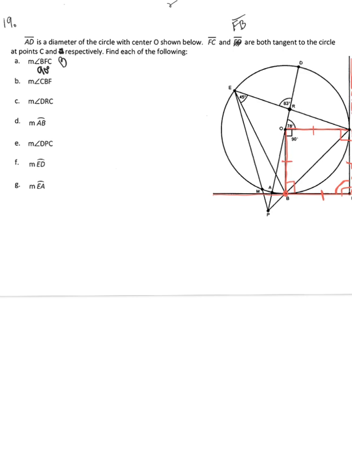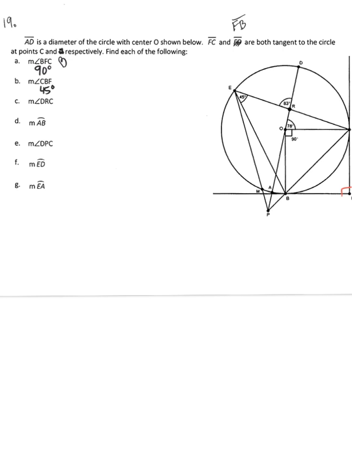Which leads us to the next one, angle CBF. From C to B to F would be right here. So this portion of that angle would just be 45 degrees. So let's take a look at angle DRC.